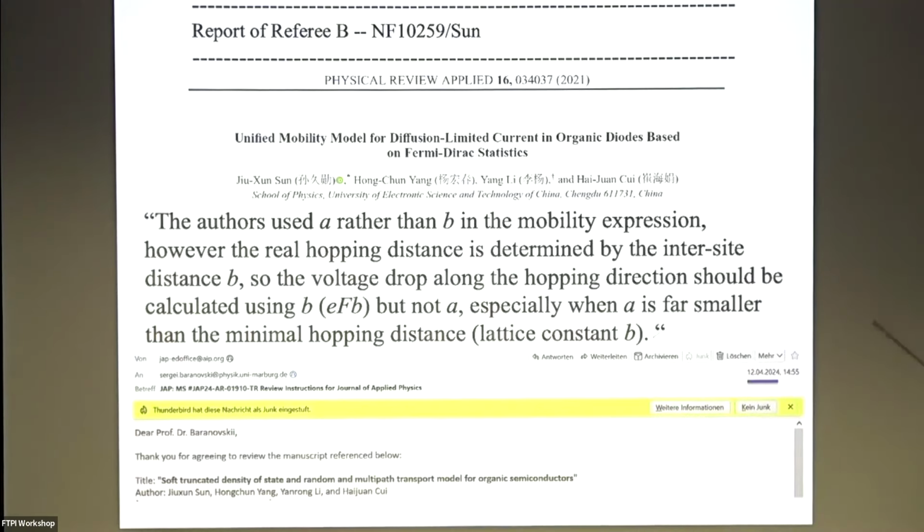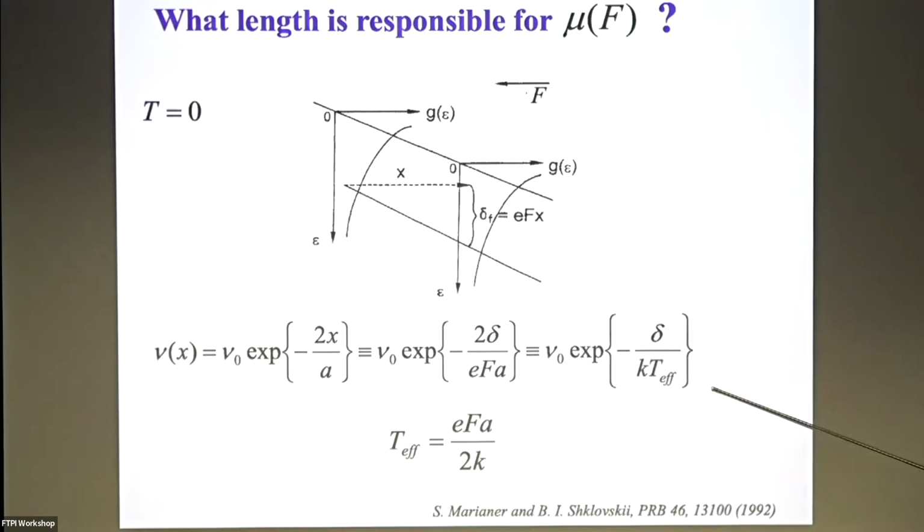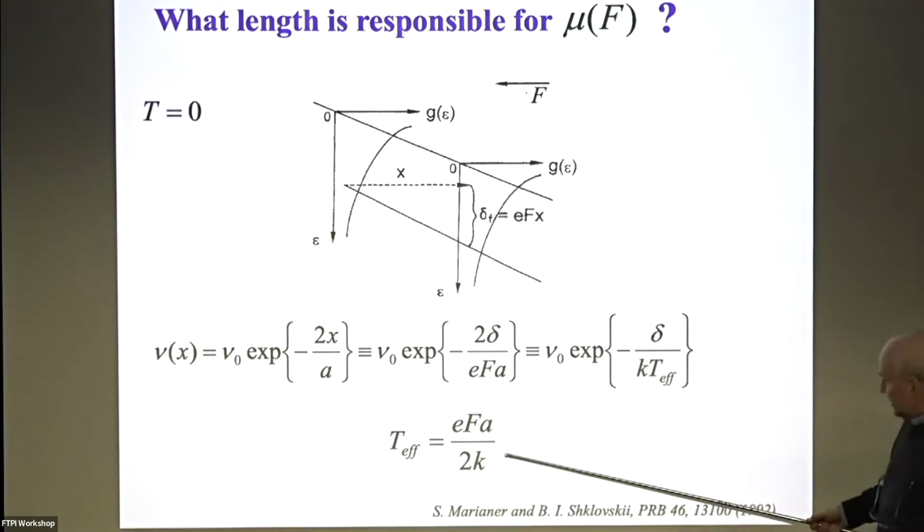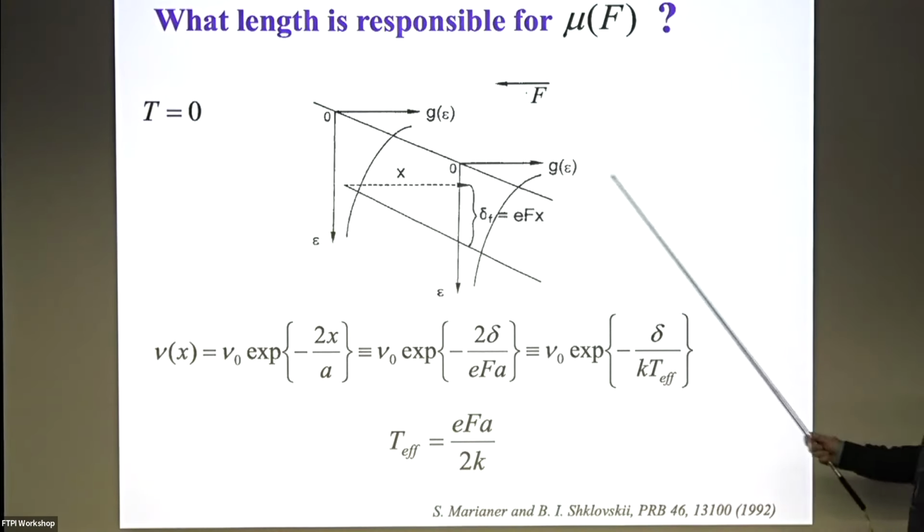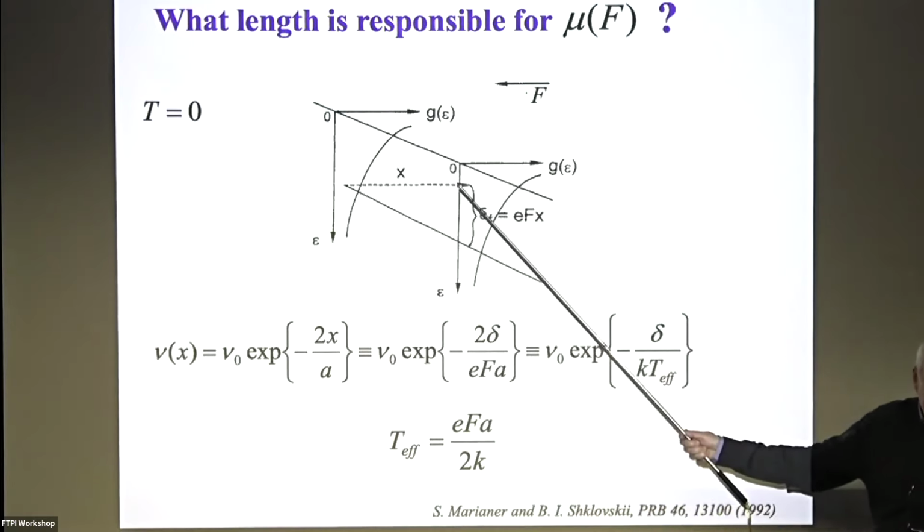Okay? I decided I should change my talk, therefore the title is slightly changed, and just bring the result of Boris from 50 years performance. And that's the way how Boris does physics.